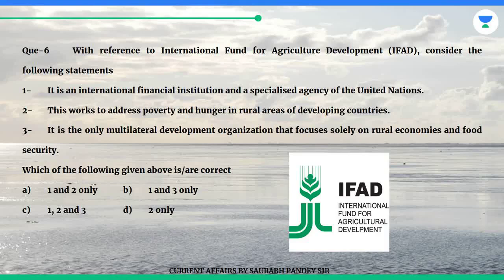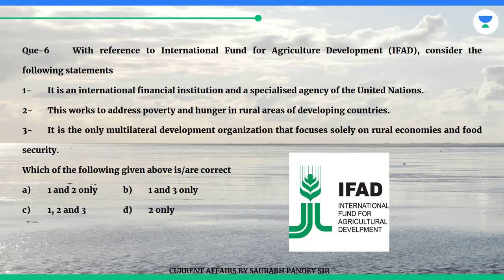Question 6. With reference to International Fund for Agriculture Development, IFAD, consider the following statements. 1. It is an international financial institution and a specialized agency of the United Nations. 2. This works to address poverty and hunger in rural areas of developing countries. 3.